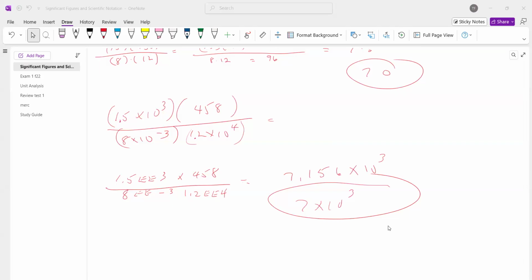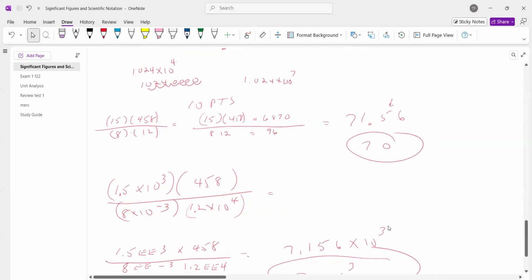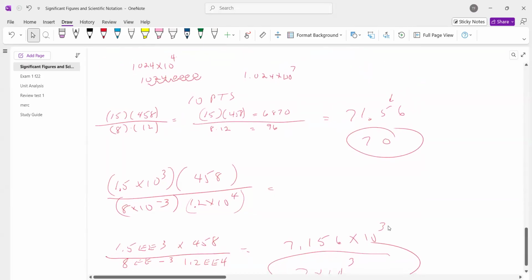So for the first one, how come you change it from 72 to 70? You said it had one sig fig. Yeah, because the 8 over here has one sig fig.